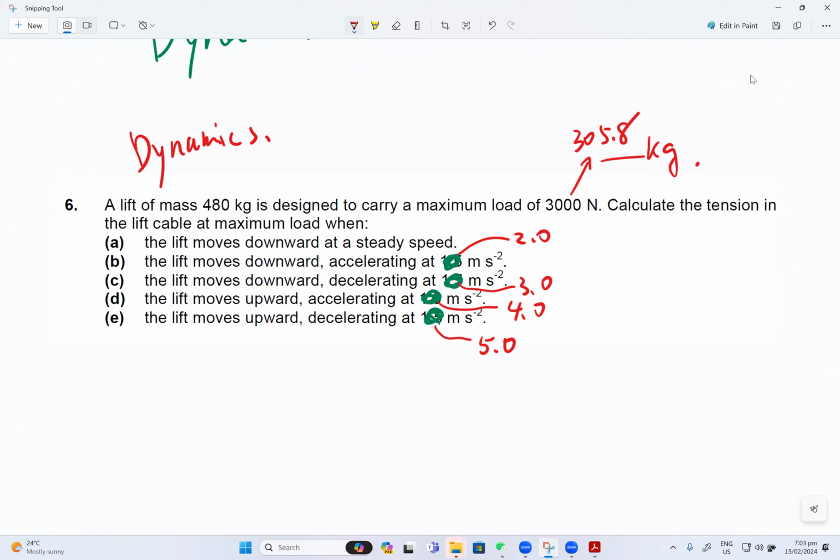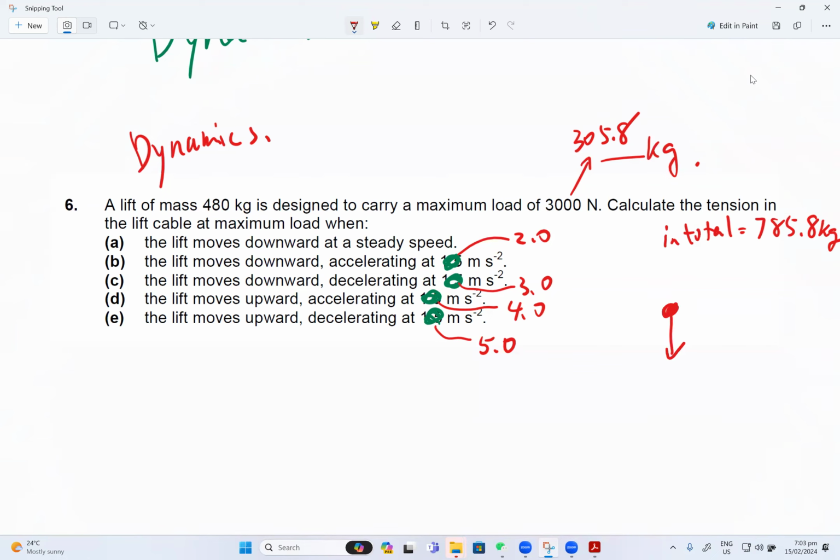Okay, so in total we have 480 plus 305.8. In total, we got 785.8 kg. So, all question A, B, C, D, E, same diagram, almost same diagram.